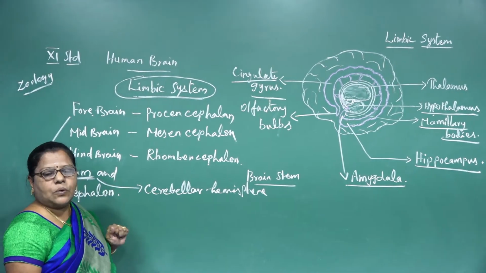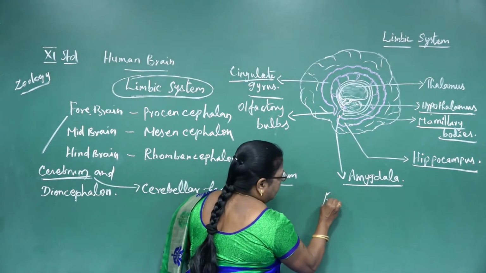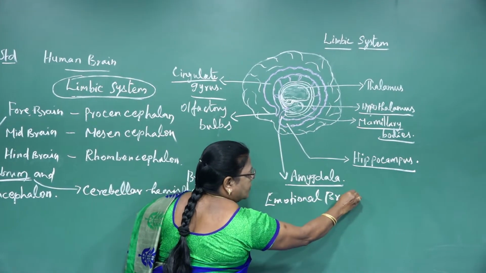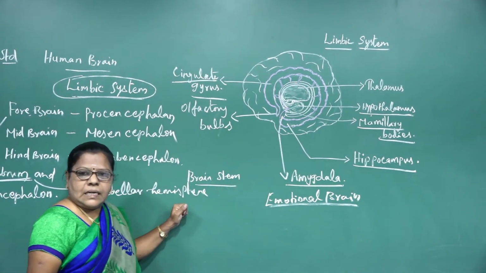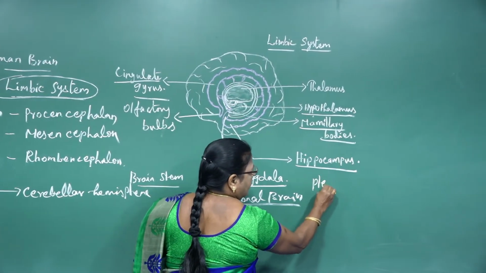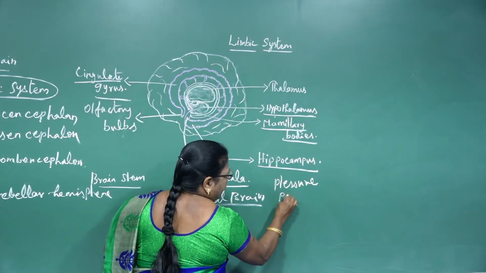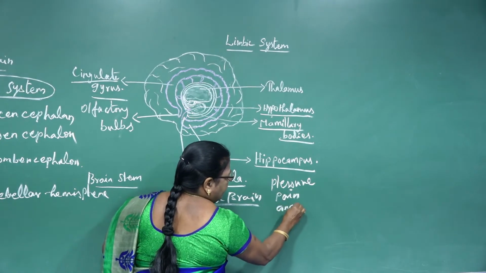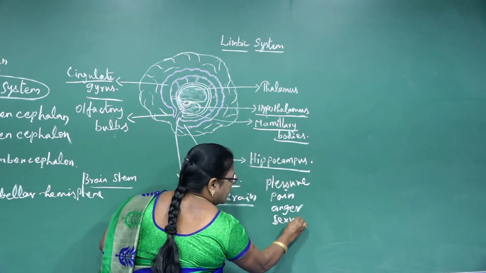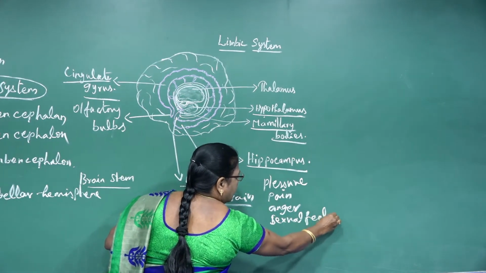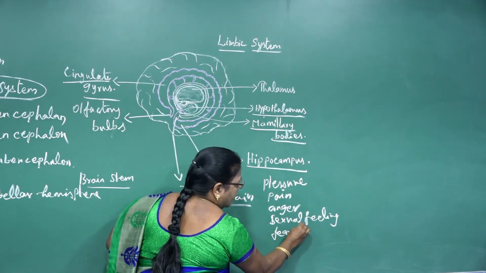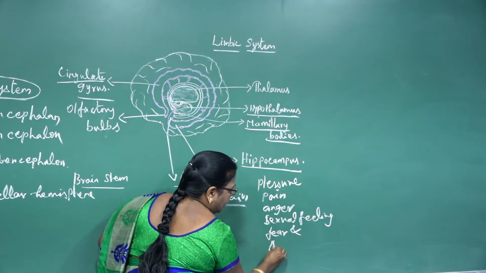The limbic system is known as the emotional brain. It is called the emotional brain because it plays a primary role in the regulation of pleasure, pain, hunger, sexual feelings, fear, and affections.